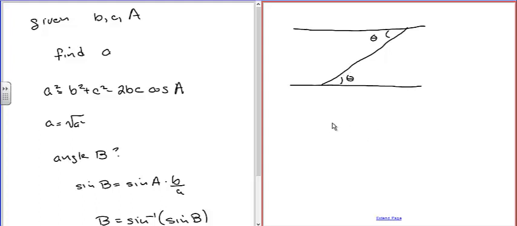The other thing too is, let's say you're given this angle, let's say that's 12 degrees, and you're given that the total angle from this horizontal line to this second line is 20 degrees, then the angle between these two is just 8 degrees. You know, 8 plus 12 has to equal 20.